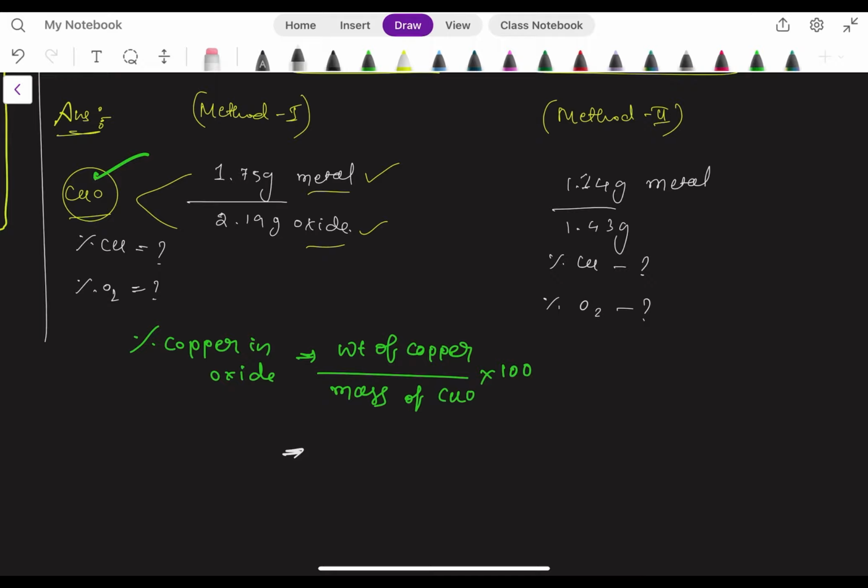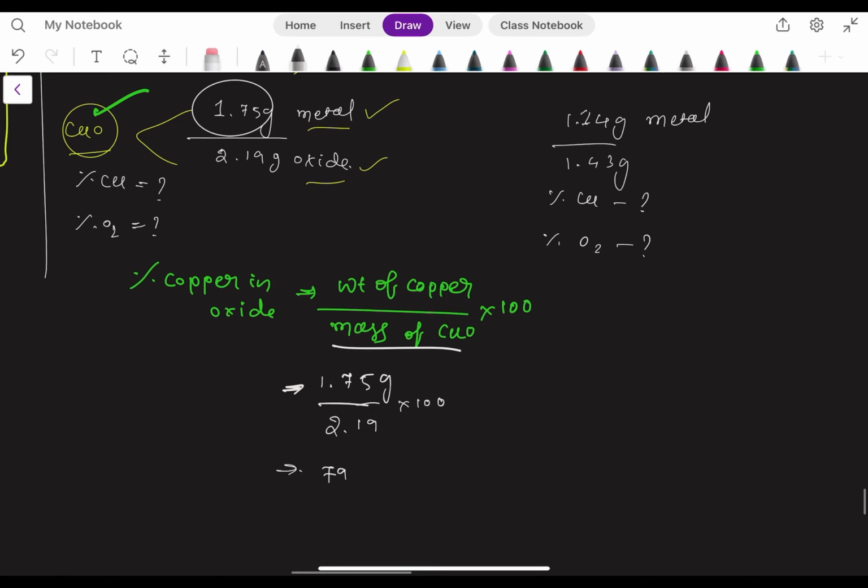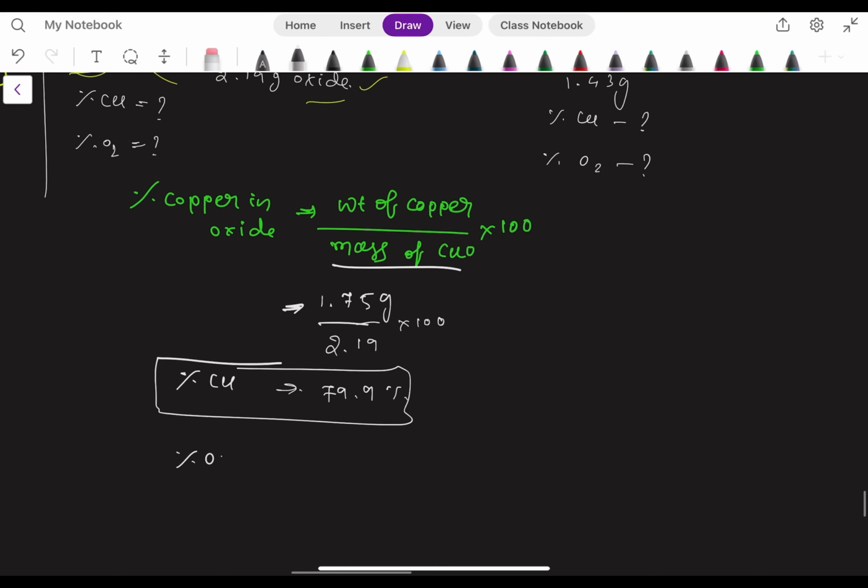Mass of copper I have is 1.75 gram. Then mass of copper oxide is 2.19. If I simplify this value, approximately we get 79.9%. This is the percentage of copper. Now I need to find the percentage of oxygen. See, in total we have copper oxide.